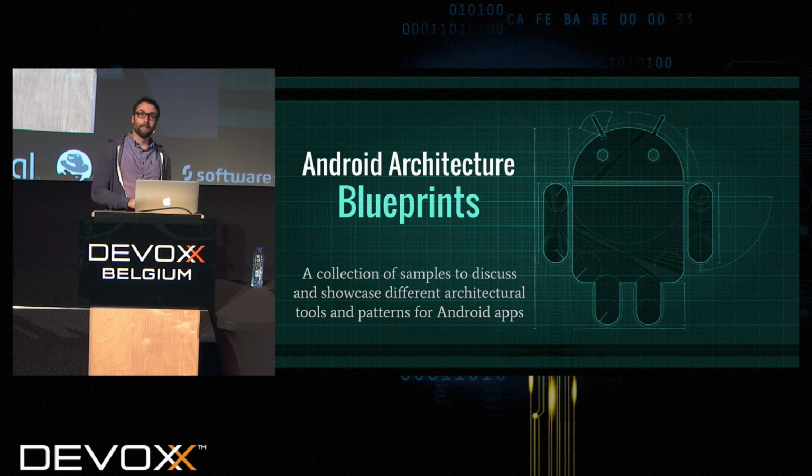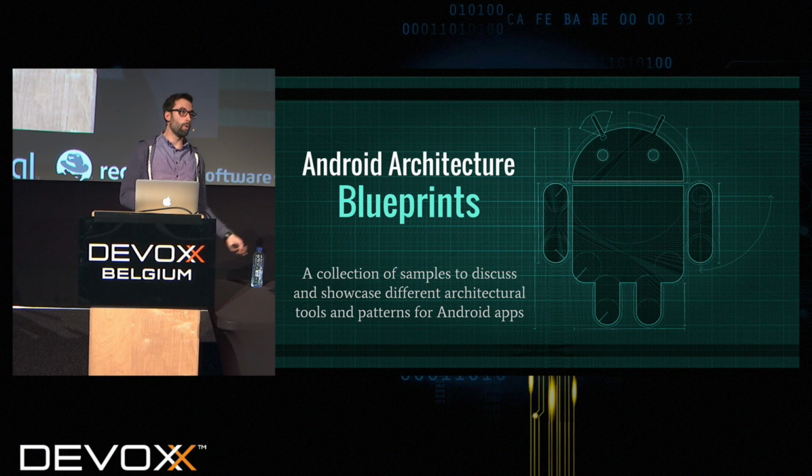The project that we want to talk about today is the Blueprints project. This has been an effort with people from Google and from the community. The main reason for this is that if you're an Android developer or have been following the Android news, you know that for the last year and a half there have been a lot of discussions around architecture and how to build the architecture for an Android app.